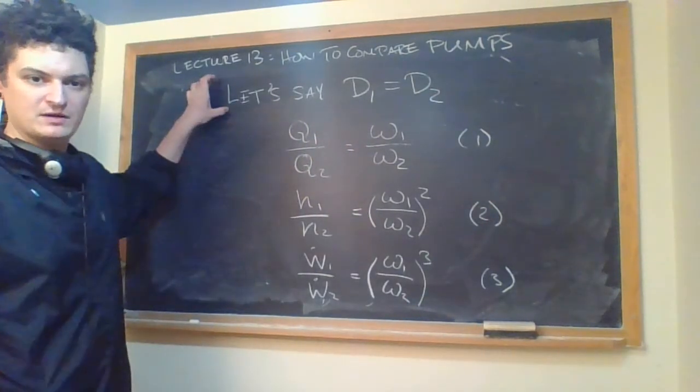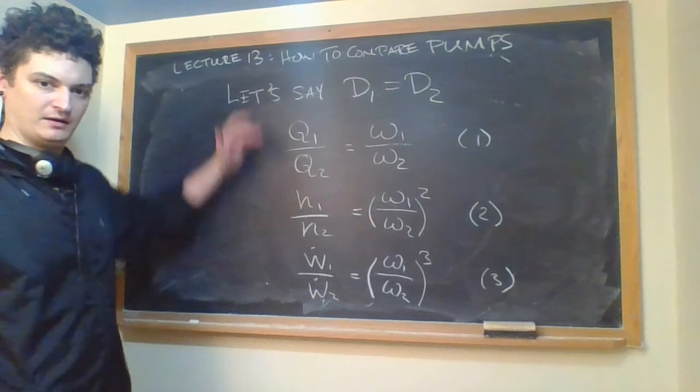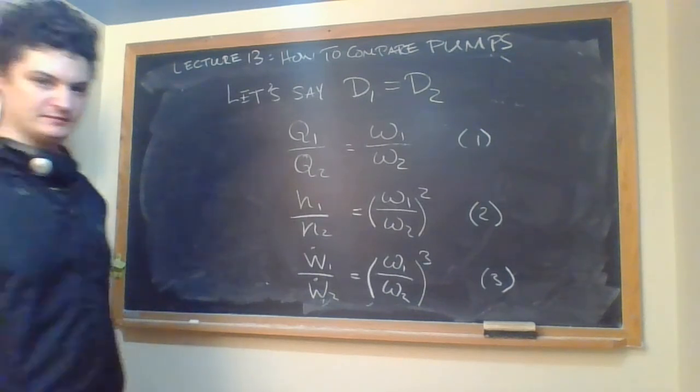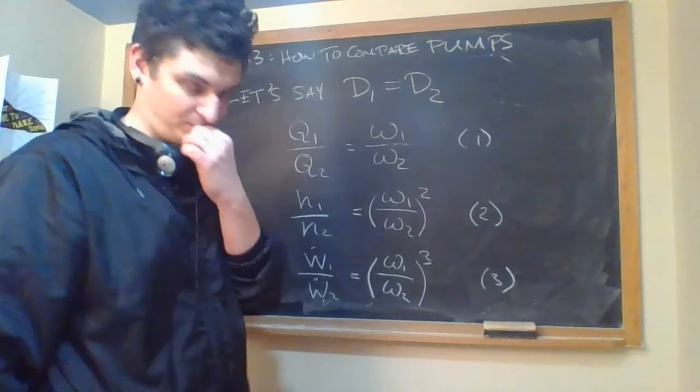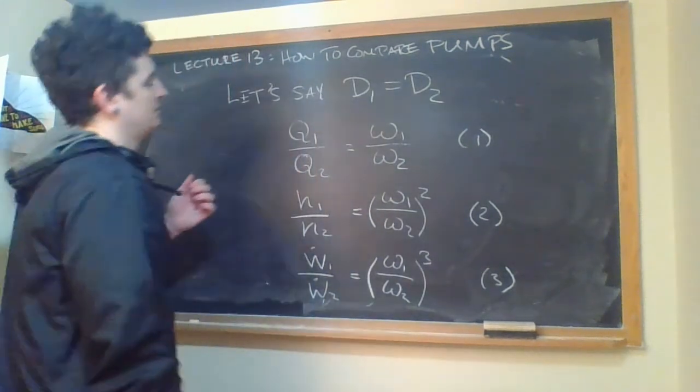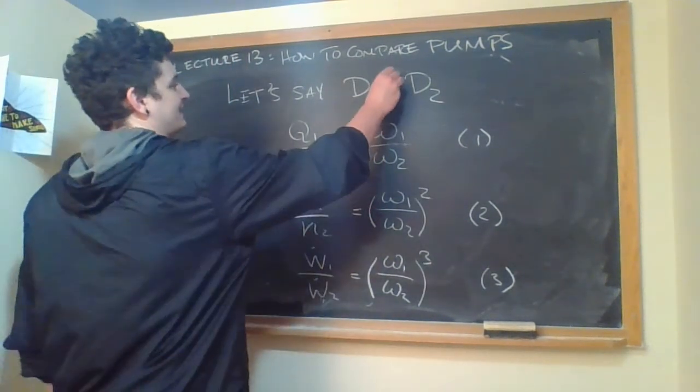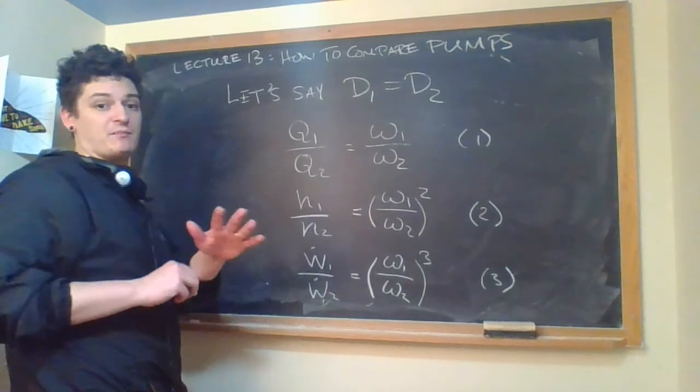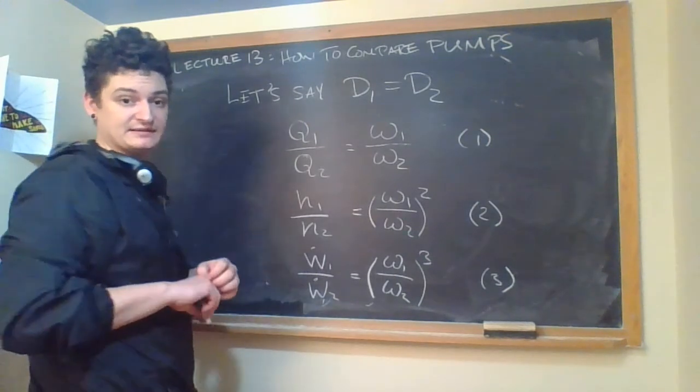If this is true, this is then how you would compare the 2 pump designs that you have. So, right, so say I have the exact same pump, I'm just going to change different speeds.